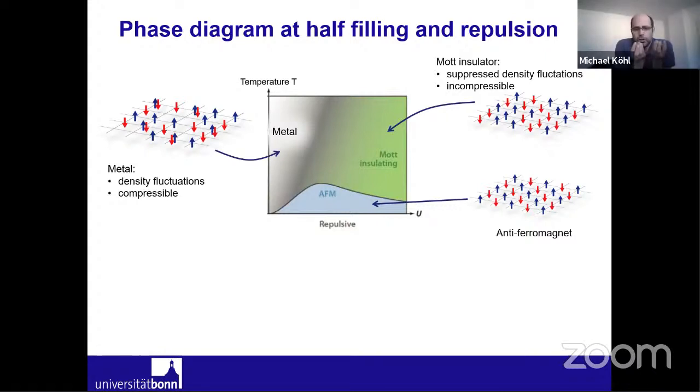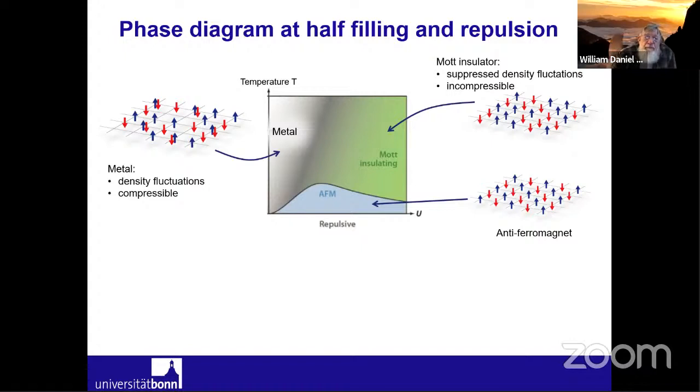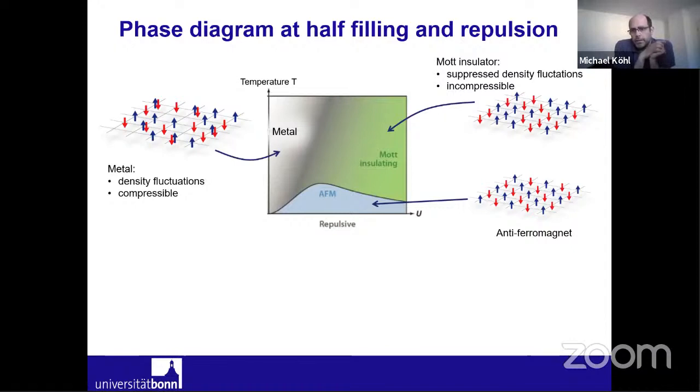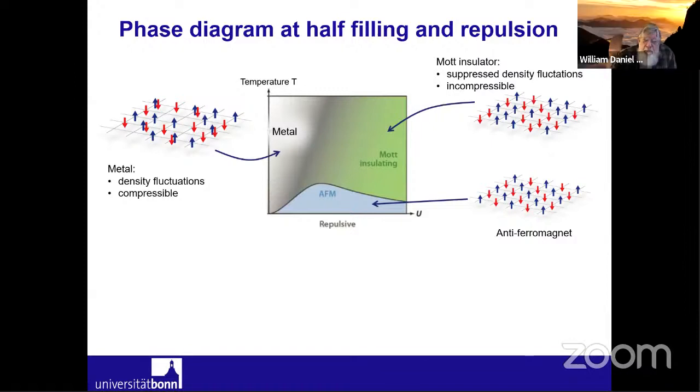To give you a feeling for that, if you look at the peak of the antiferromagnet here, which occurs at around U over T on the order of 10, the amount of double occupancies in this system is on the order of 5%. So it is a pretty good insulator, but it's far from a perfect band insulator, at zero temperature.